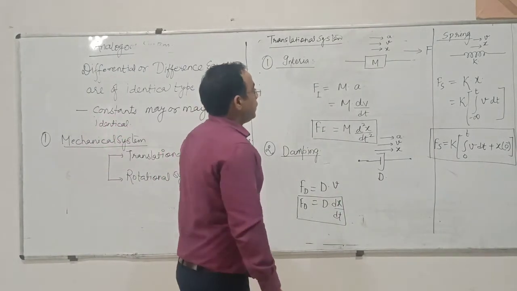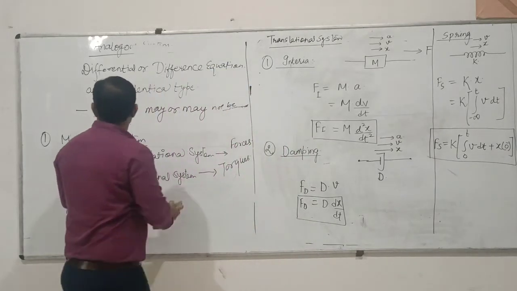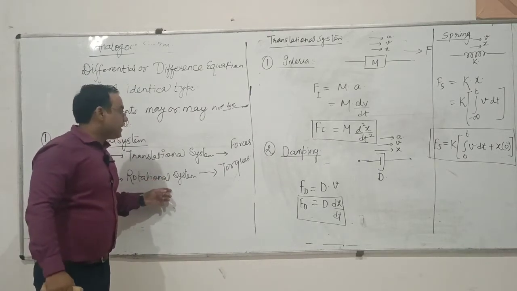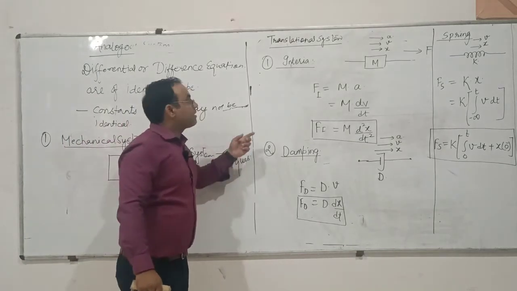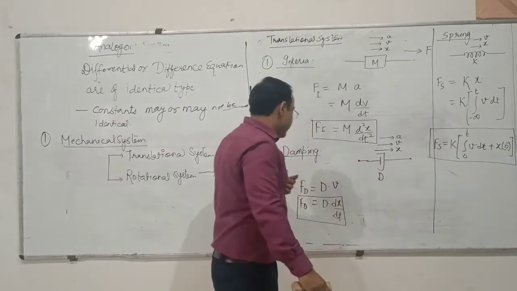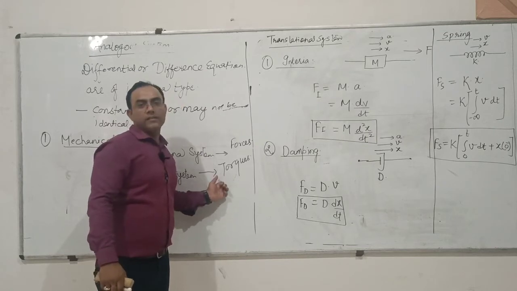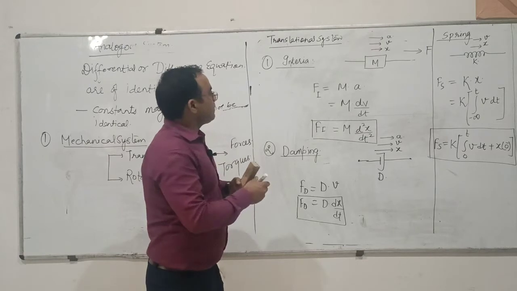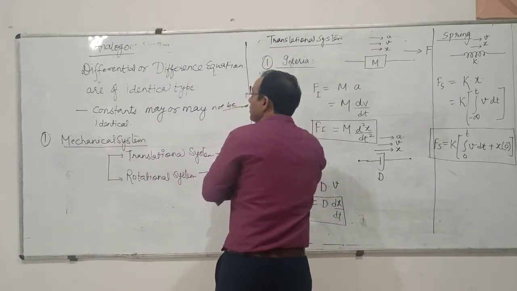Okay, so it will be similar for rotational system, but the difference will be where we write the forces like inertia forces, damping forces and spring forces, we can write it as torques in the case of rotational system. So now here we can change this translational system as rotational system.